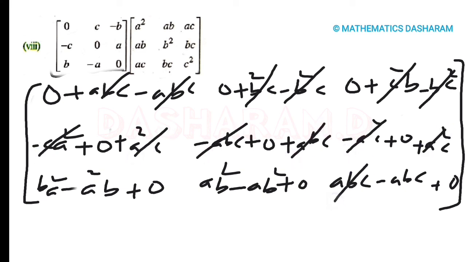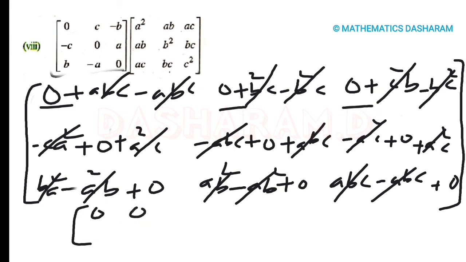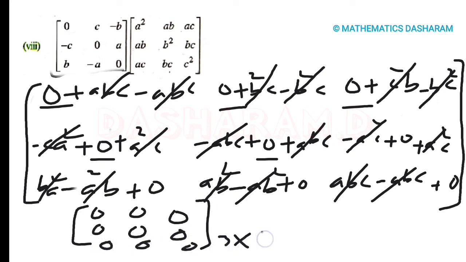So I think all are cancelled. So the final answer here is 0. Here also 0, 0, 0, 0. So finally we got the 3 by 3 matrix. It is denoted with O 3 by 3.